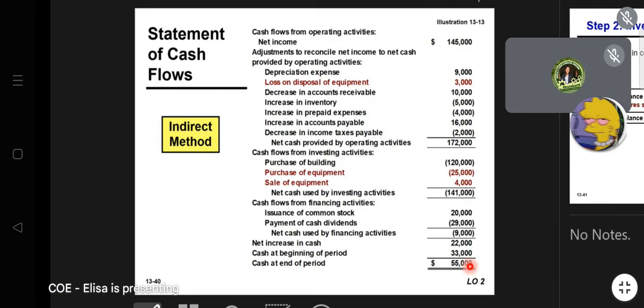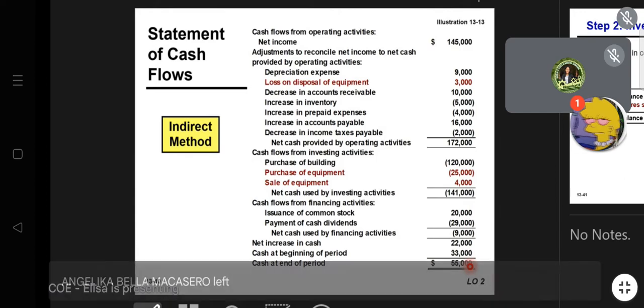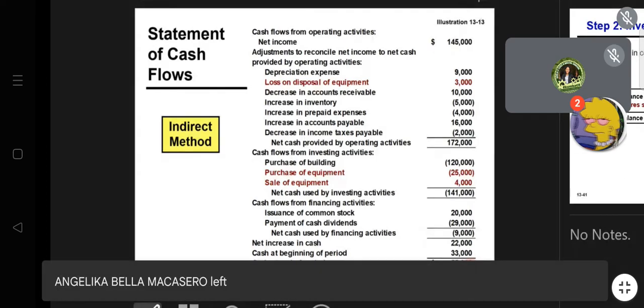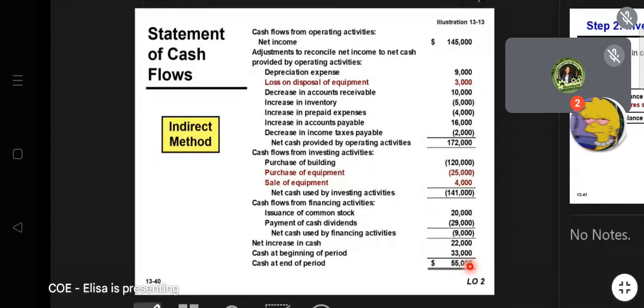And then this one, cash flow. I will post a cash flow activity. The deadline will probably be a week after, since our final is supposed to be July 4 to 10.